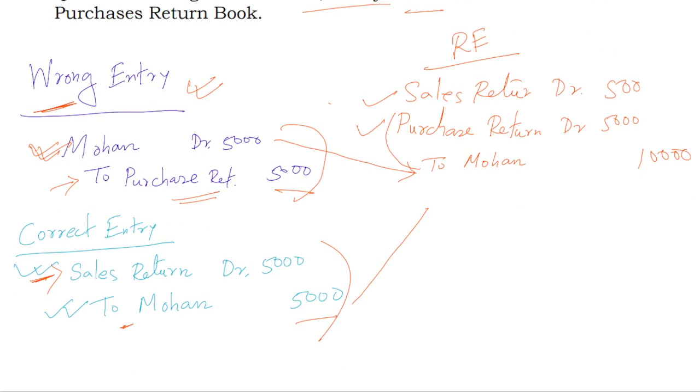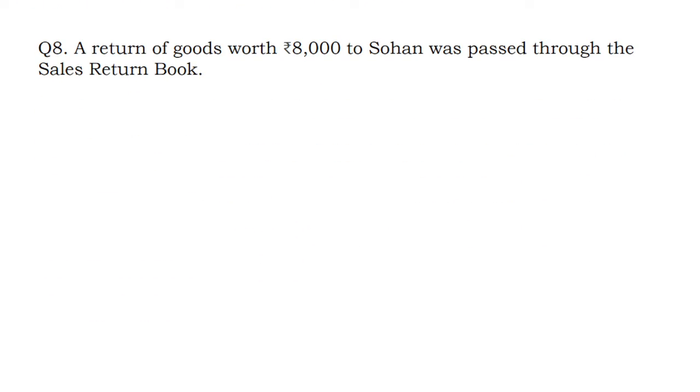Next, moving to question number 8. Again, a similar type of question. A return of goods worth 8,000 to Sohan was passed through the sales return book. Okay, same entry. Please tell me the solution. You have 2 minutes.